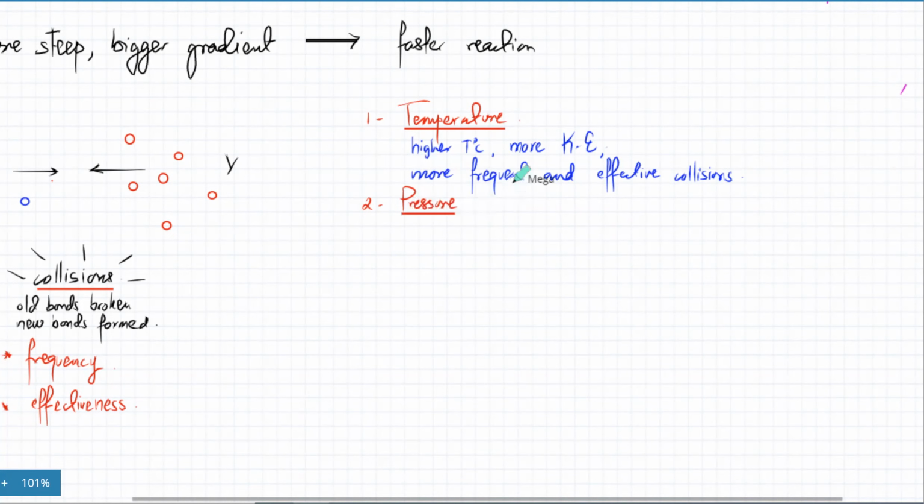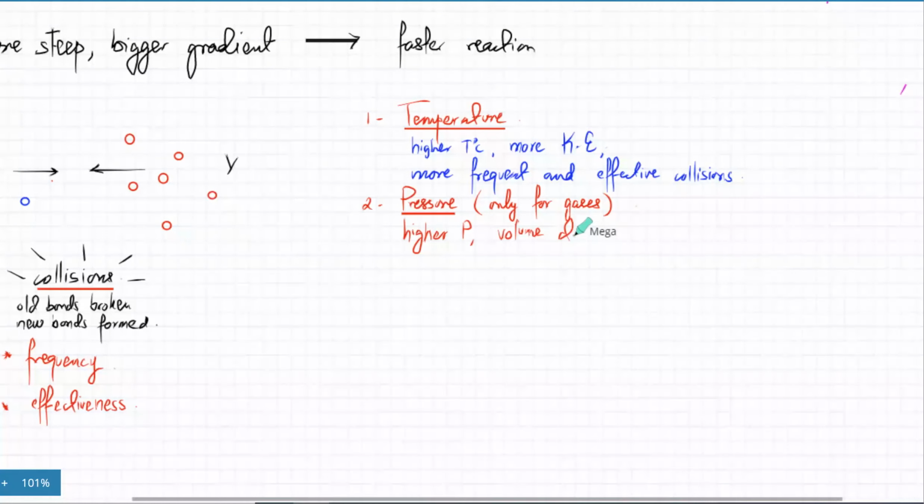With a higher pressure, the volume decreases, and when the volume decreases, particles are closer together.